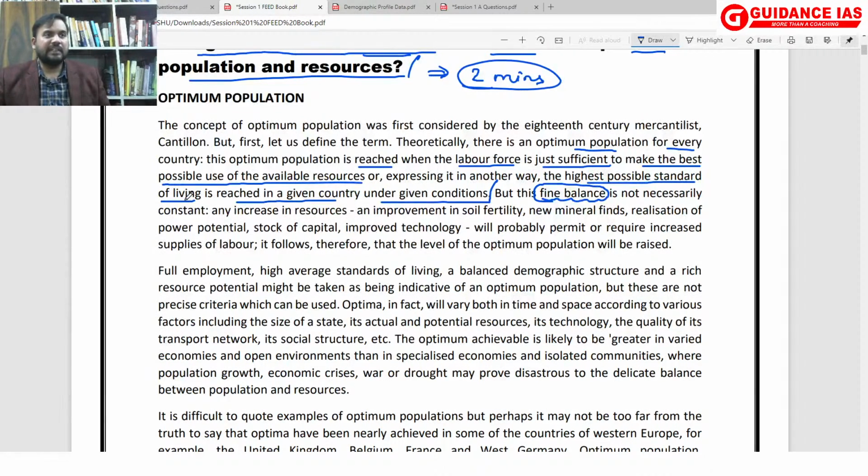But honestly tell me, will you be able to write all this in the answer? What is written in this printed material? Will you be able to include all of it in the answer?